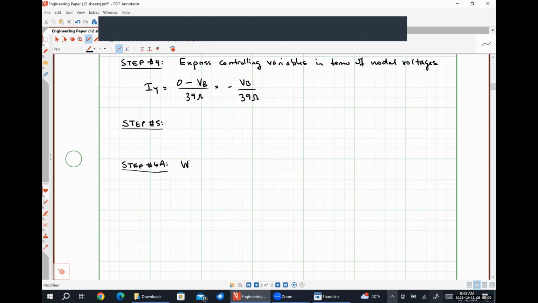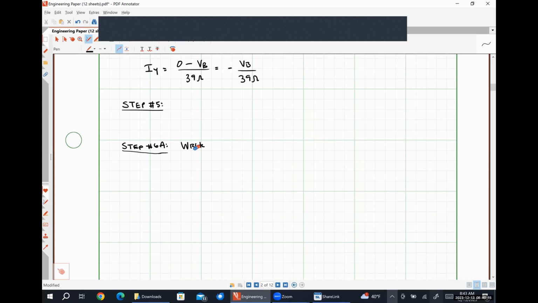And we're going to attempt to write a KCL equation at our non-reference node. And I'm telling you this explicitly, I'm going to wind up erasing that and writing something else there in a minute because things are about to break, okay?